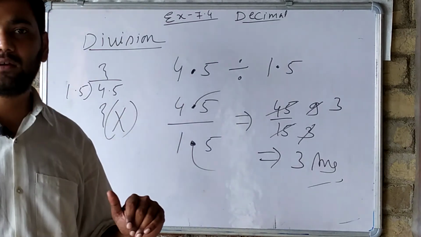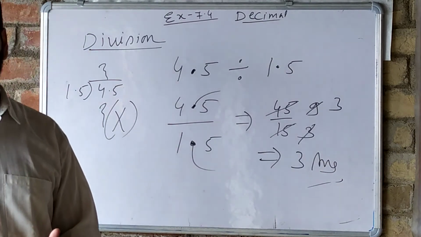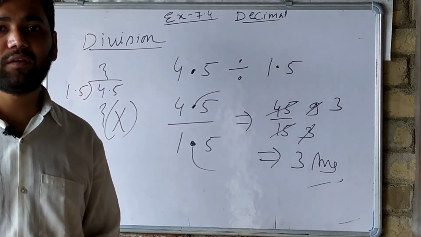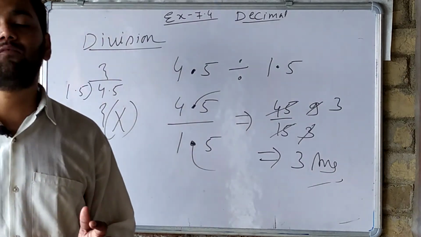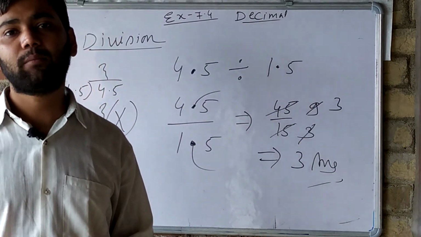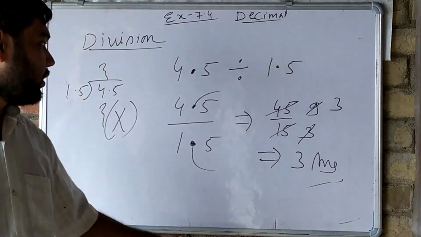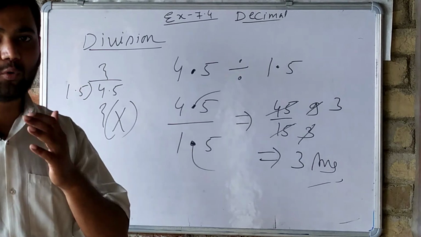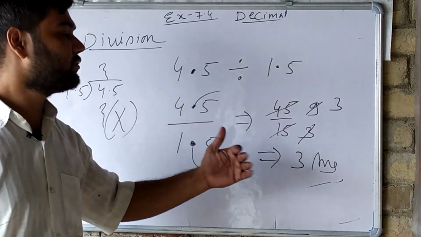While attempting the paper during examination, if you try this method, the time will be consumed more and you will not be able to finish the paper on time. This method is more suitable and easier, so I suggest you adopt this method.